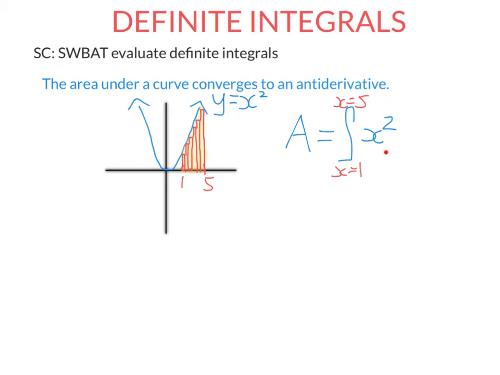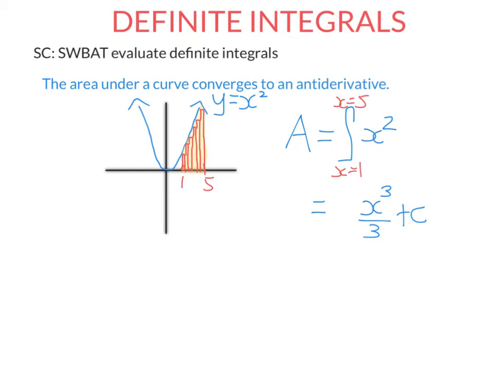So how do we actually go about calculating this? Well, we know that the integral means the antiderivative. The antiderivative of x squared we know is x cubed on 3 plus some constant. What we want to do is find the difference in the antiderivative from here to here.